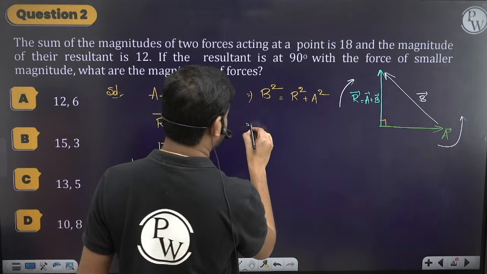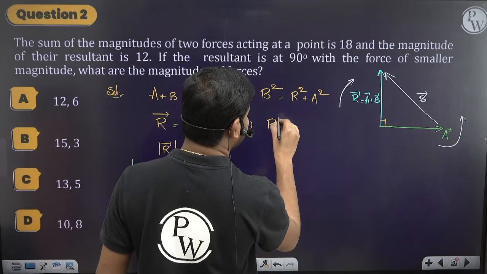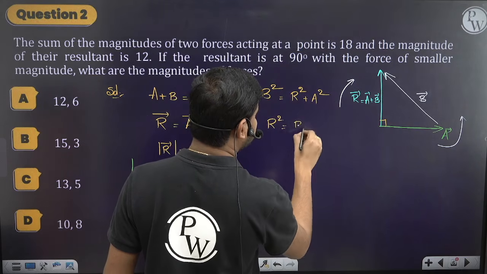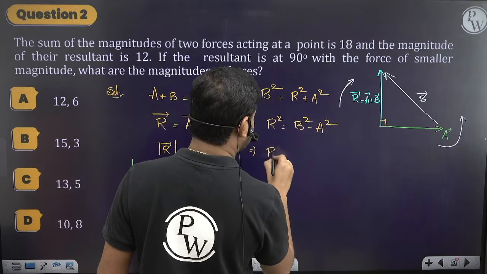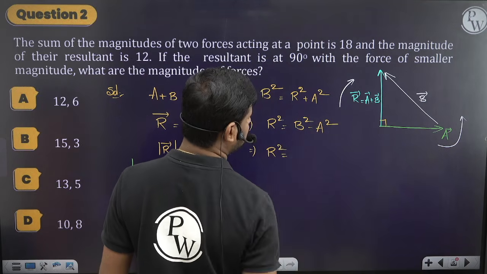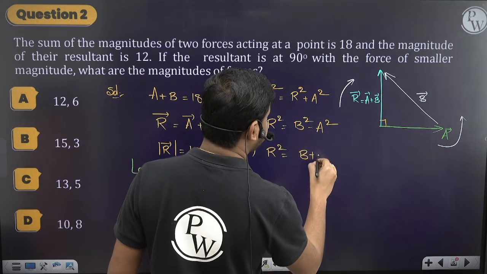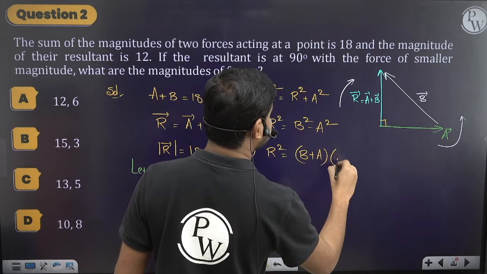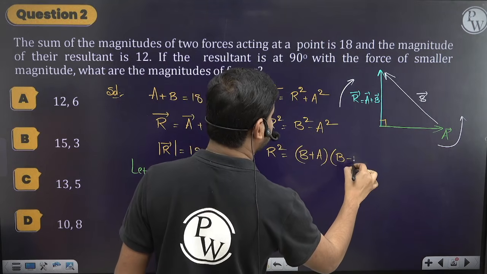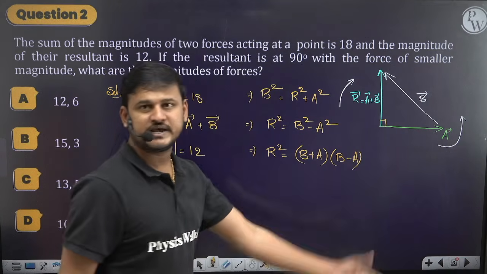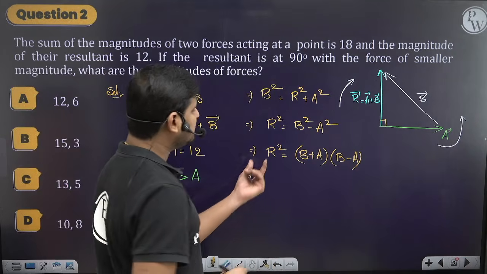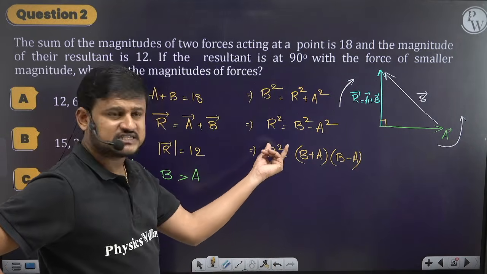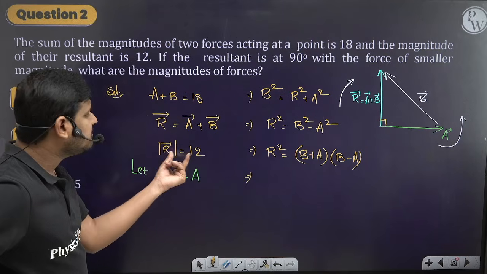So R square equals, sending A square to this side, B square minus A square. So R square equals B plus A into B minus A, which is in the form x square minus y square, which is x plus y into x minus y, right? Chal. Now they gave the magnitude of the resultant in the question.